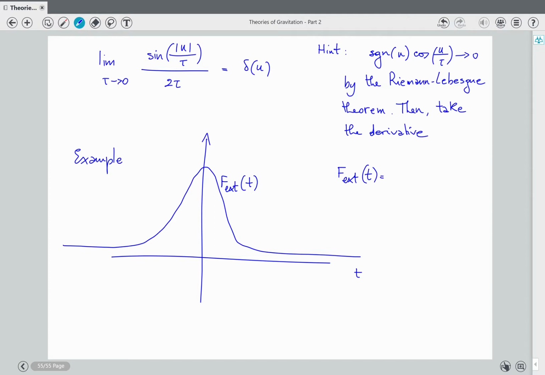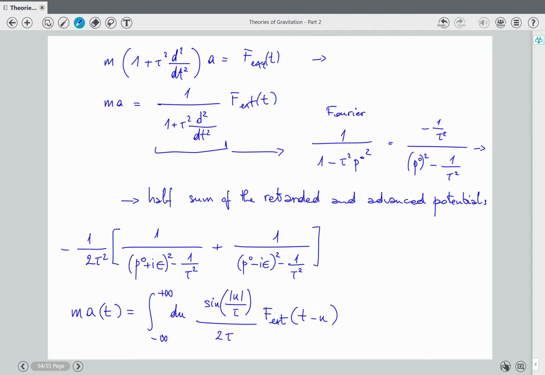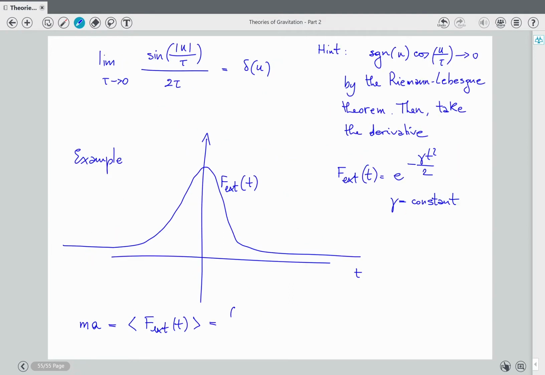There is a constant, but then we can write MA equals a sort of average of F. By that we mean this way to average the force on the past and the future.